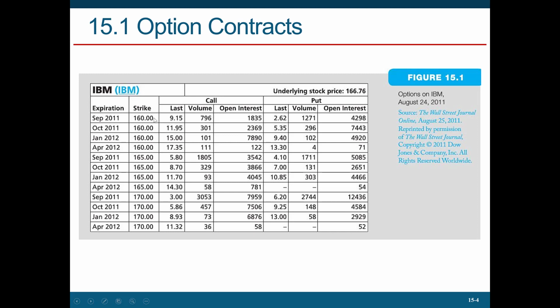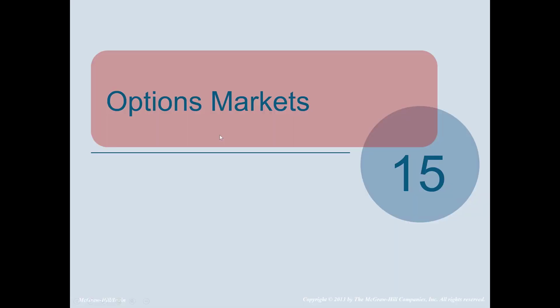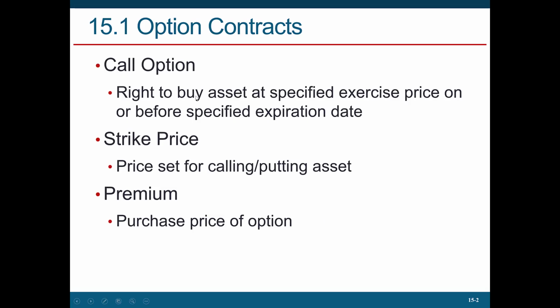So when you purchase this option, you get the right to buy a share of IBM for $160 at any time up until the September 20th expiration date. Irrespective of the market price, you're locking in the purchase price. Of course, this is a right. Like we mentioned in the definition here, a right to buy the asset.